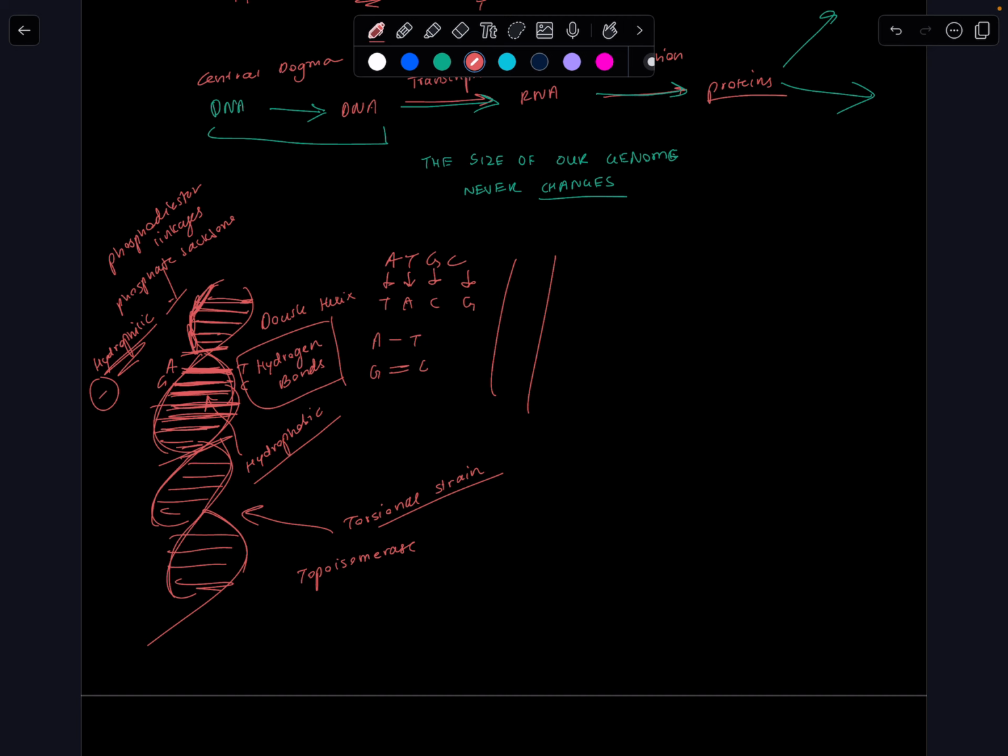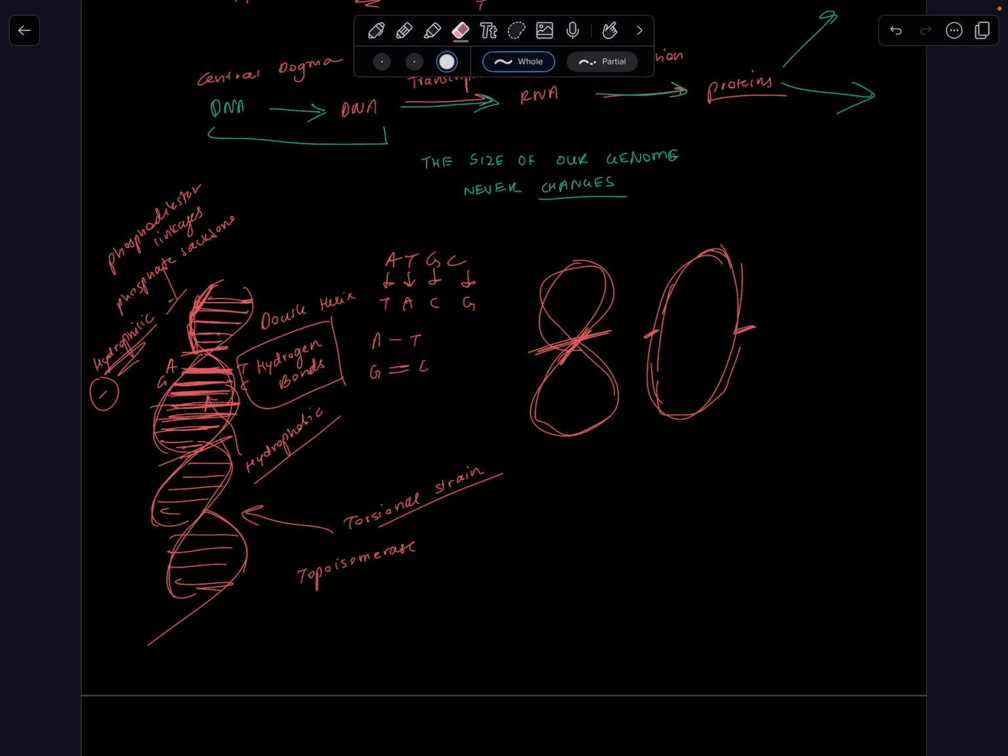Basically, if we have it like this, we're going to make it like this. We're going to make some nicks, and then we're going to glue it back together, and now it's not all spun and twisted and knotty anymore. Now it has relief of torsional strain.